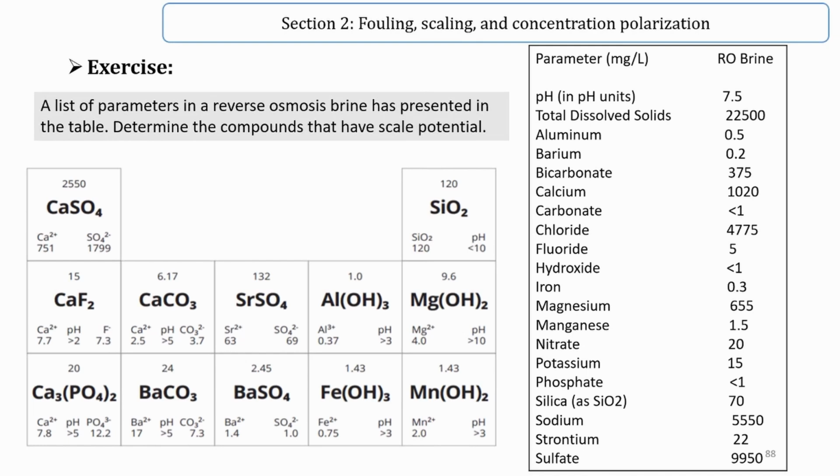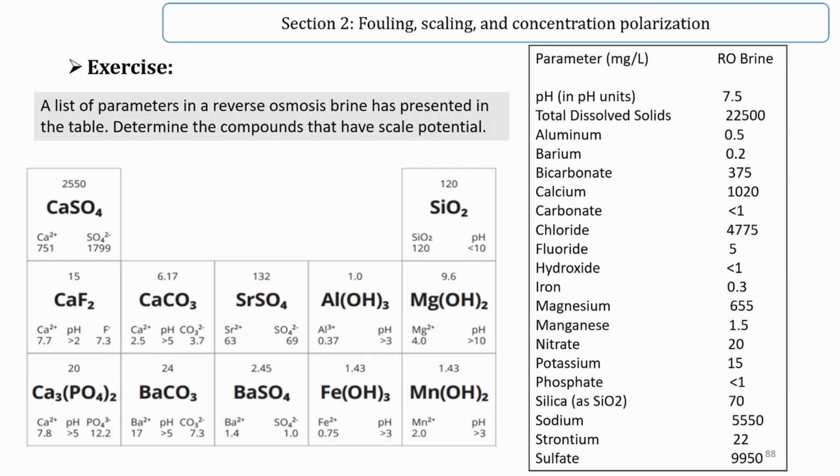For better understanding, let's have an exercise. A list of parameters in a reverse osmosis brine is presented in this table. Determine the compounds that have scaling potential. To find these compounds, you should look at the concentration of the parameters that are out of the numbers in the chart.